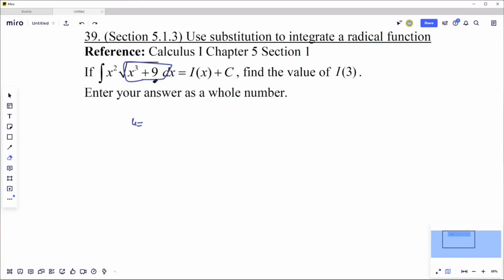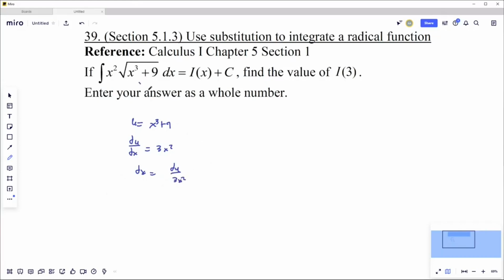So this is a much more useful choice. You pick u equals x cubed plus 9, so du over dx is 3x squared. Rearranging, dx is du over 3x squared.